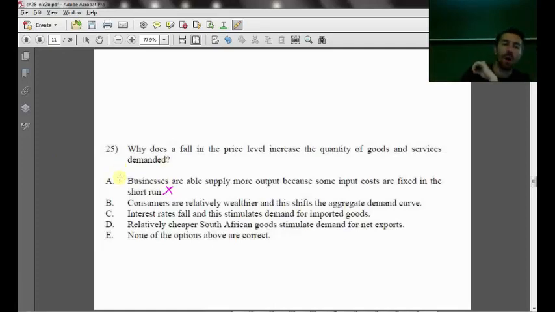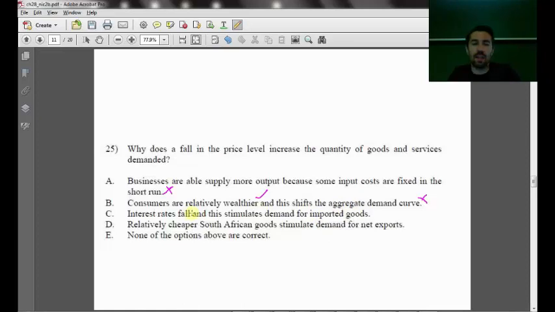Okay. Option B, consumers are relatively wealthier when the price level falls, and this shifts the aggregate demand curve. No, it doesn't shift. It's a movement along the curve, right? Option C, interest rates fall, and this stimulates demand for imported goods.